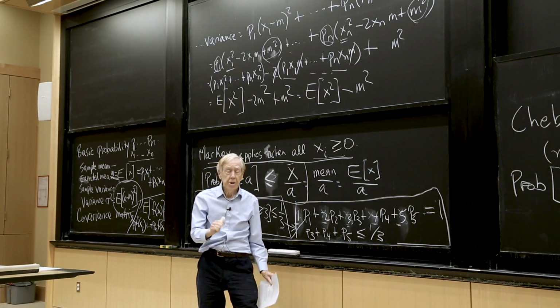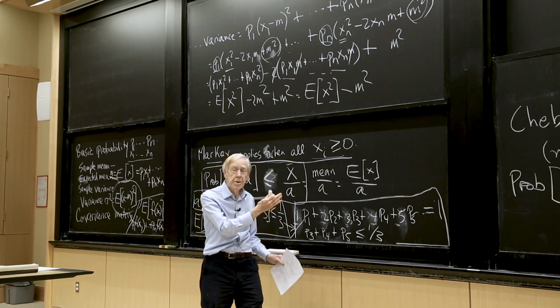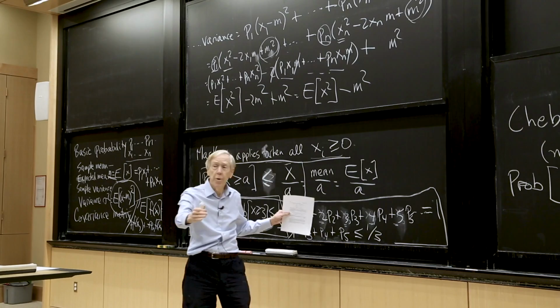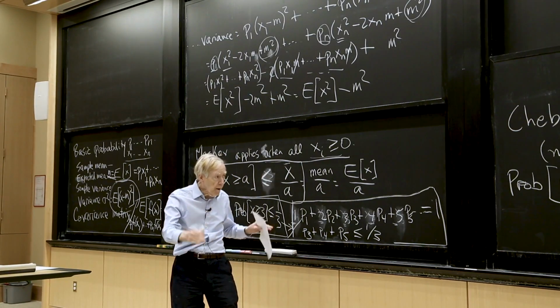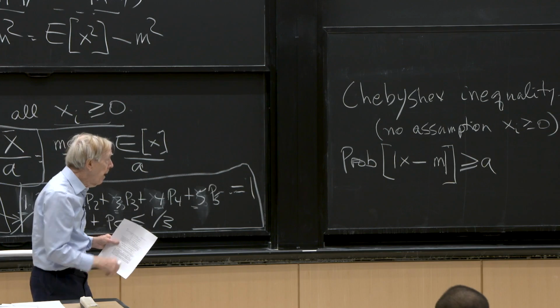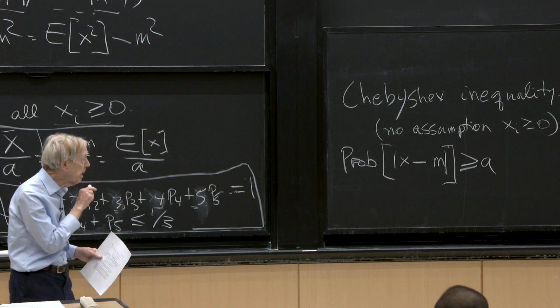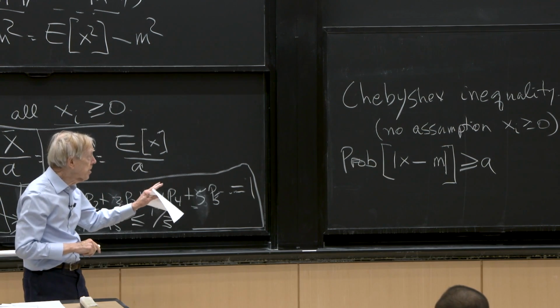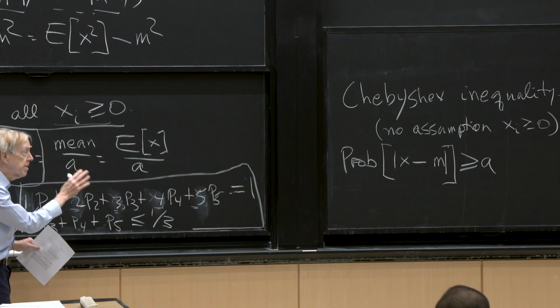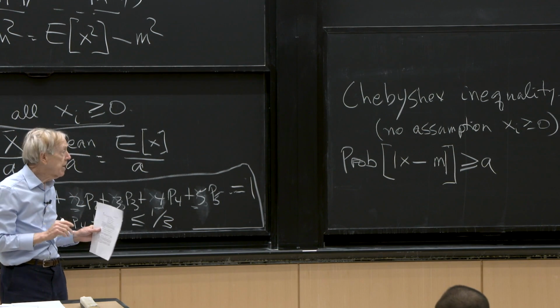So again, as a increases, I'm asking more. I'm asking it to be further away from the mean, and the probability will drop. And then the question is, can we estimate this? So this is a different estimate, but it's a similar question.